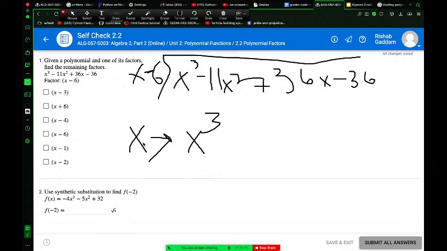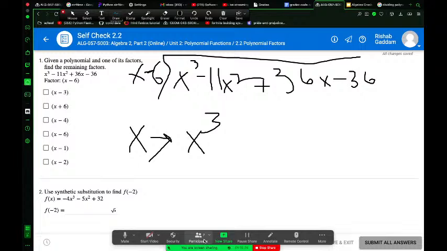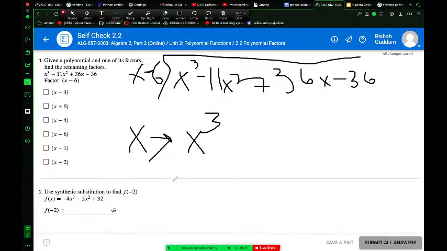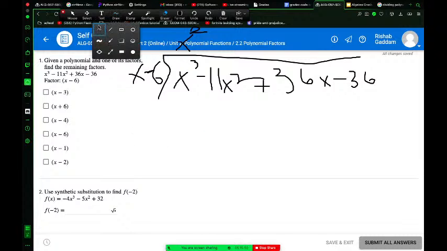So how does x turn into x to the power of 3? You have to multiply it by x to the power of 2, right? Because x to the power of 2 times x. So you just put x to the power of 2 on top, and then you multiply x to the power of 2 times this, and you erase what's down here because it's useless. So that's basically just like a long division.